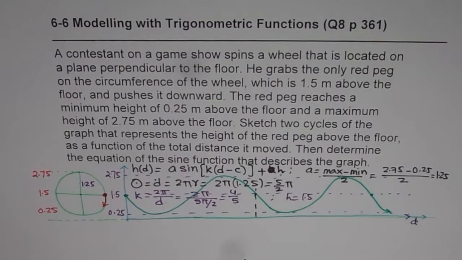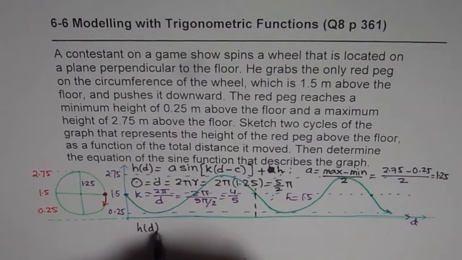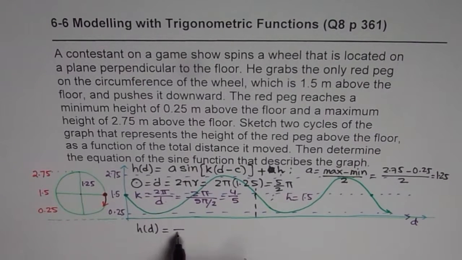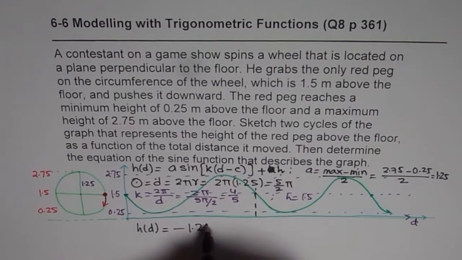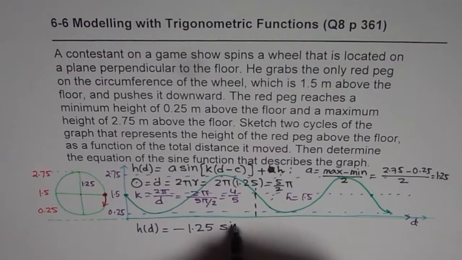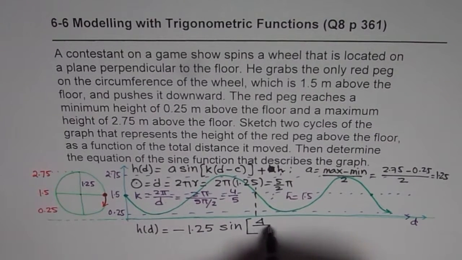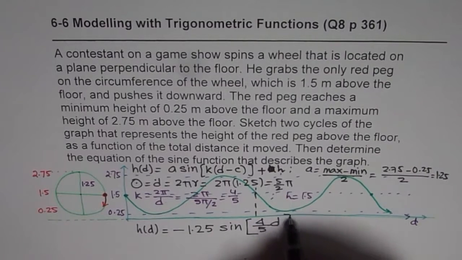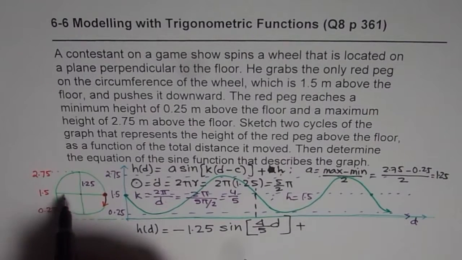Knowing all this, we can now write down our equation, which is h of d equals minus, since the wave starts going downwards, amplitude 1.25, sine of k, which we calculated as 4 over 5, times distance d, minus c, because c we took as 0, plus the axis, which is 1.5.